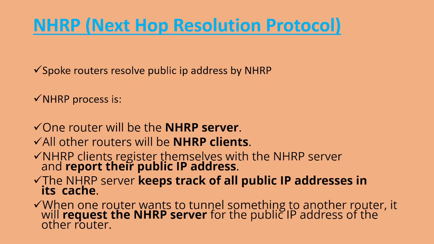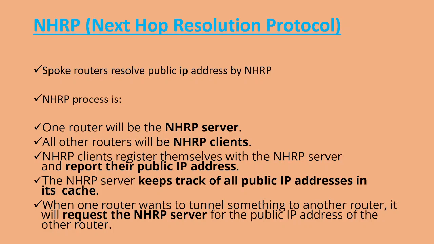The NHRP clients register themselves with the NHRP server and report their public IP addresses. The NHRP server keeps track of all public addresses in its cache. When one spoke router wants to tunnel to any other router, it will request the NHRP server for the public IP address of the other router.